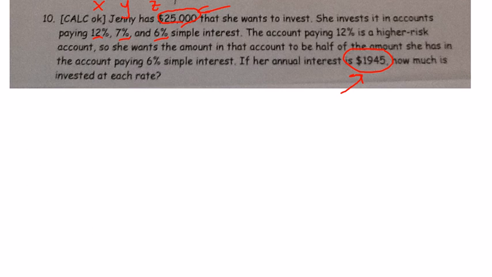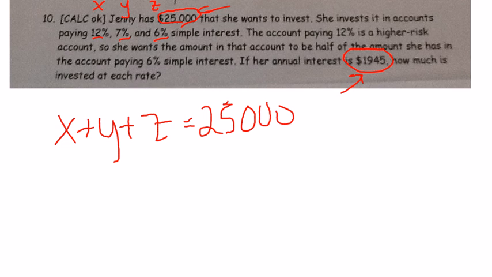I think it's pretty clear that those numbers, x plus y plus z, have to add up to my 25,000. Now I'm going to do the equation that involves the interest. I'm going to use those percentages and multiply the way I just said.